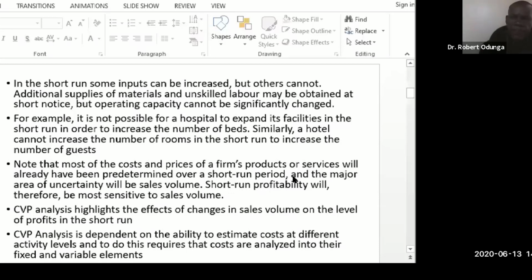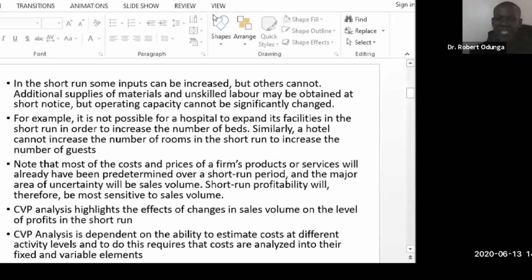Profits are generally sensitive to the sales volume. So if you sell more, of course, you'll increase your profits. Sales is something that you can easily change. It's dependent on external forces.